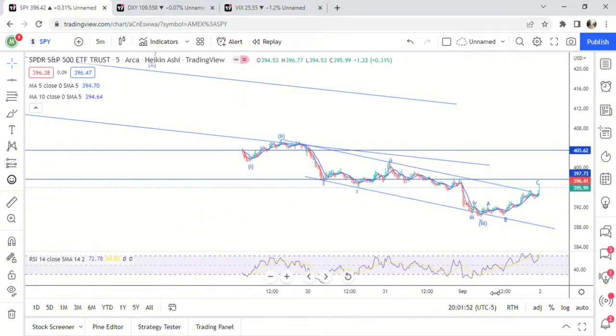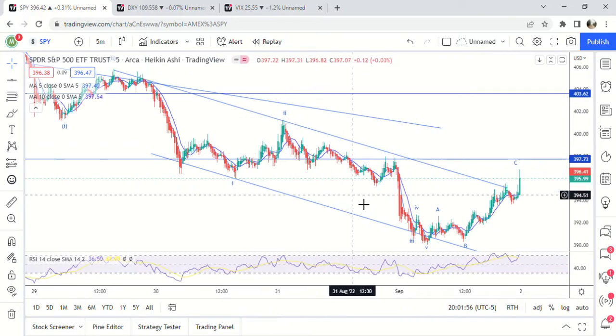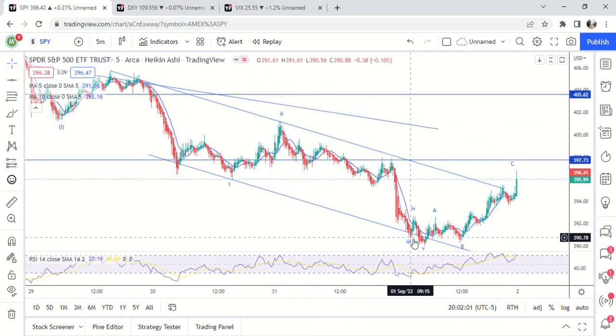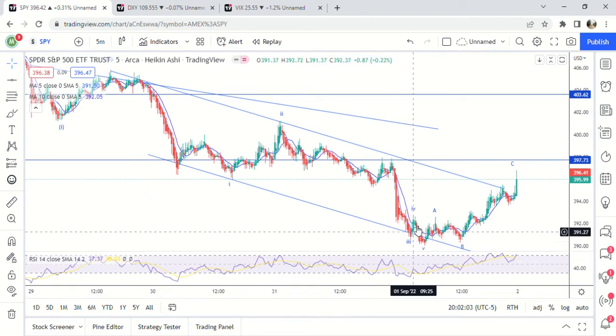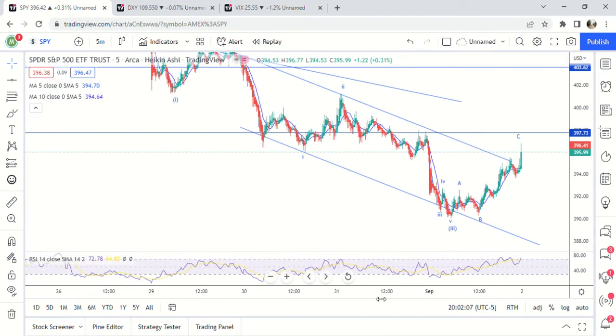5-minute chart, you'll see we have 1, 2, right here you can see the parallel line goes through right here, so that's the 3rd wave, 4th wave, 5th wave, overall 3rd wave.